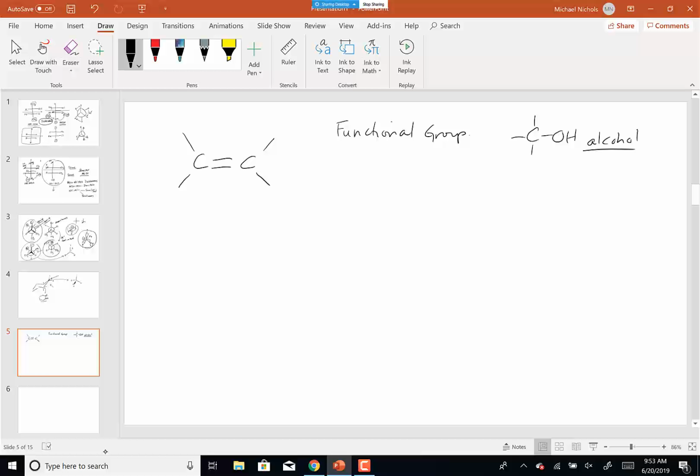But we always start when we do a new functional group with naming and a little bit about physical properties. Alkenes are still hydrocarbons, right? They're still made up of carbon and hydrogen. The only difference with an alkene is what's the hybridization of that carbon.